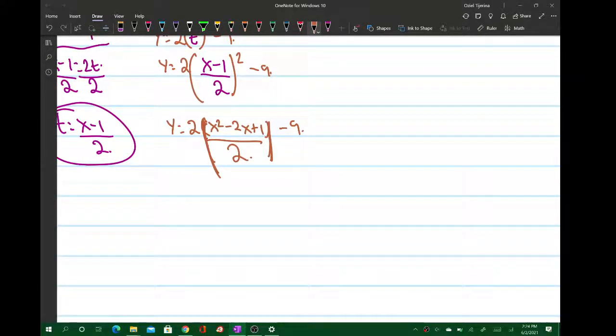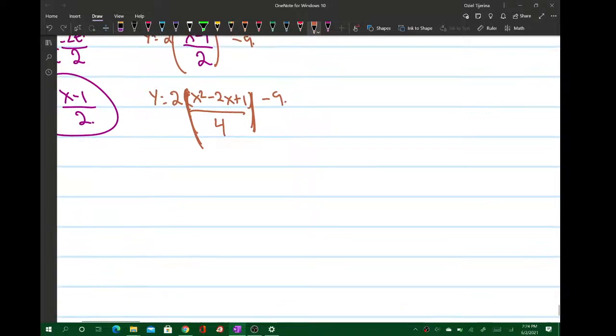And this actually should be 4, because it's 2 squared, so it's 4, right? So then I can say that this is 2 times the quantity x squared minus 2x plus 1 over 4, times 2. So I can cancel these 2 out, minus 9, right?